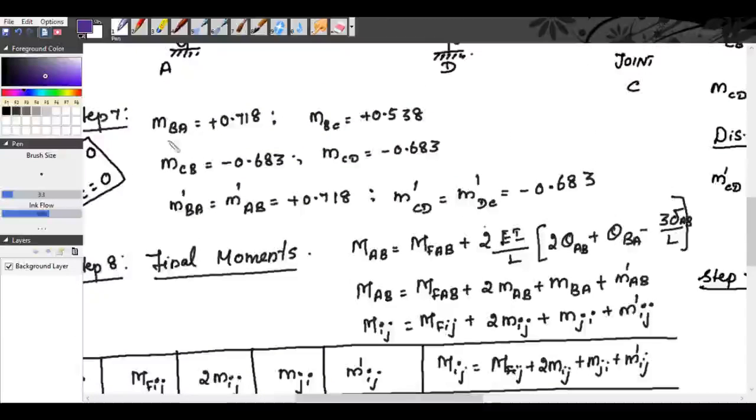So I made a mistake here. Here the values are plus 0.171 and plus 0.192.